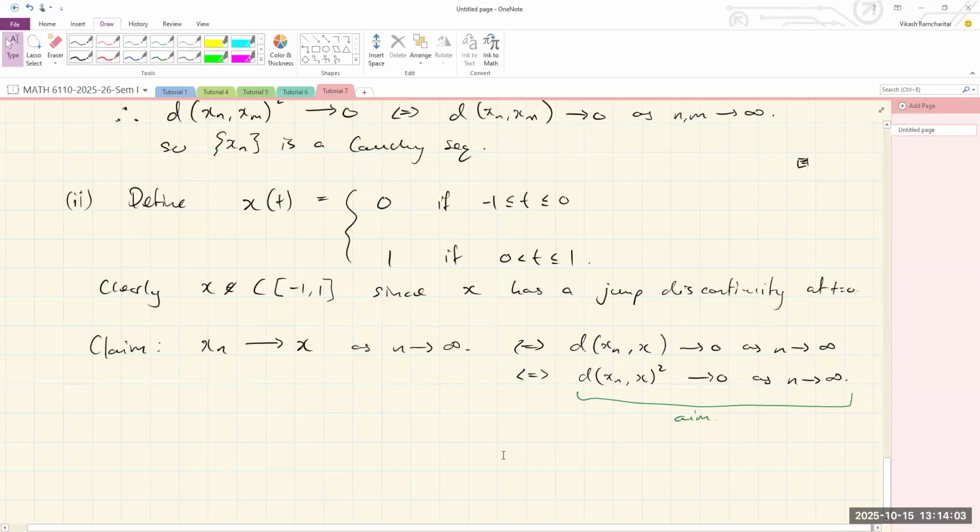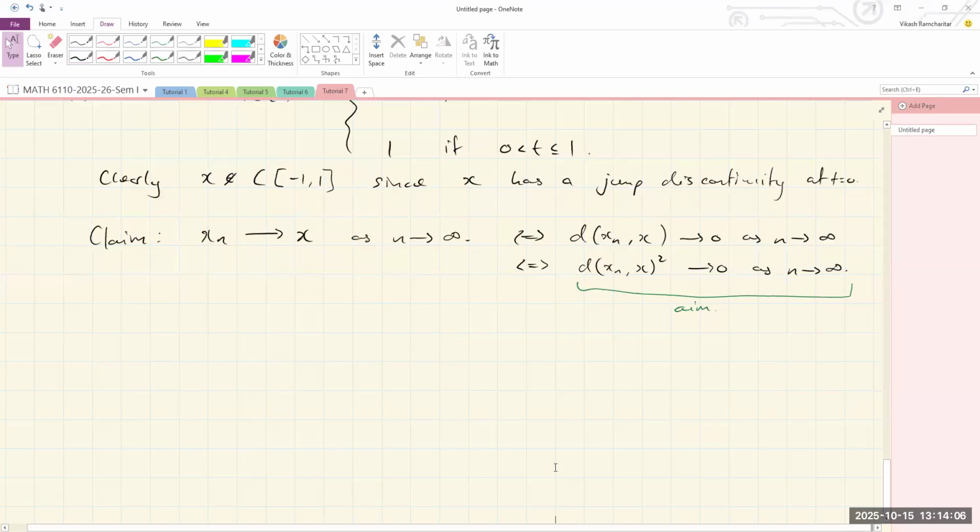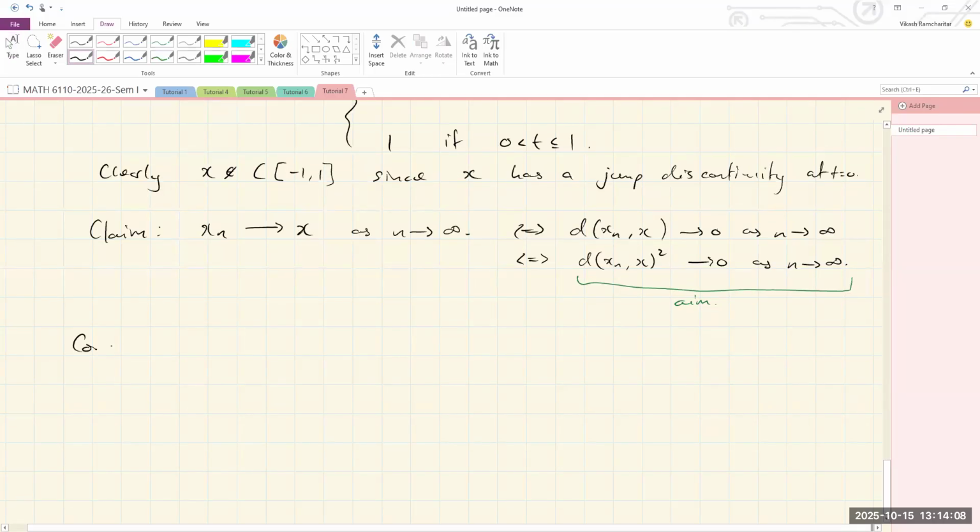It's a bit of a calculation we have to do because it's an integral. So I'm going to consider the distance between xn and this x, squared. We know that is the integral from -1 to 1 of xn of t minus x of t, squared, dt. The modulus there is a little bit repetitive, and I could get rid of it because these are just real valued functions and I'm squaring it anyway.